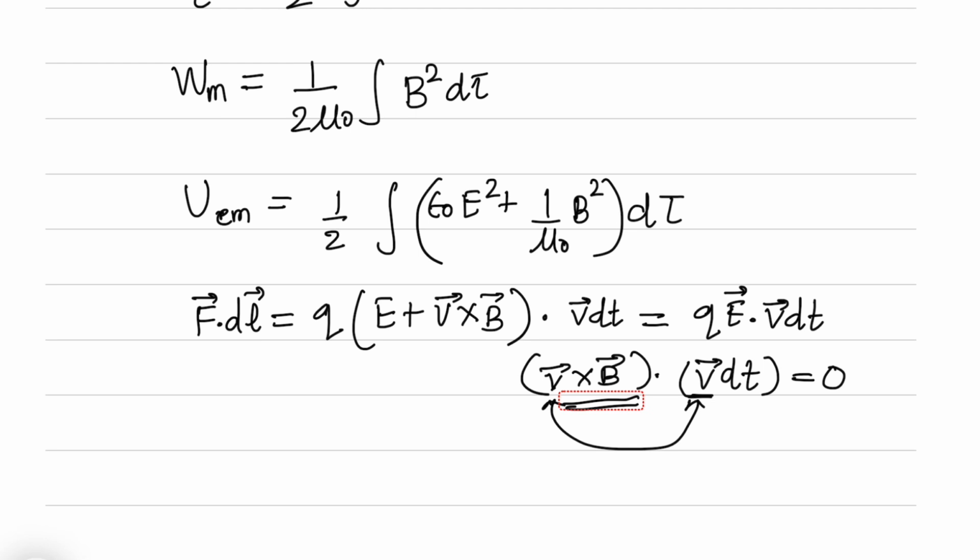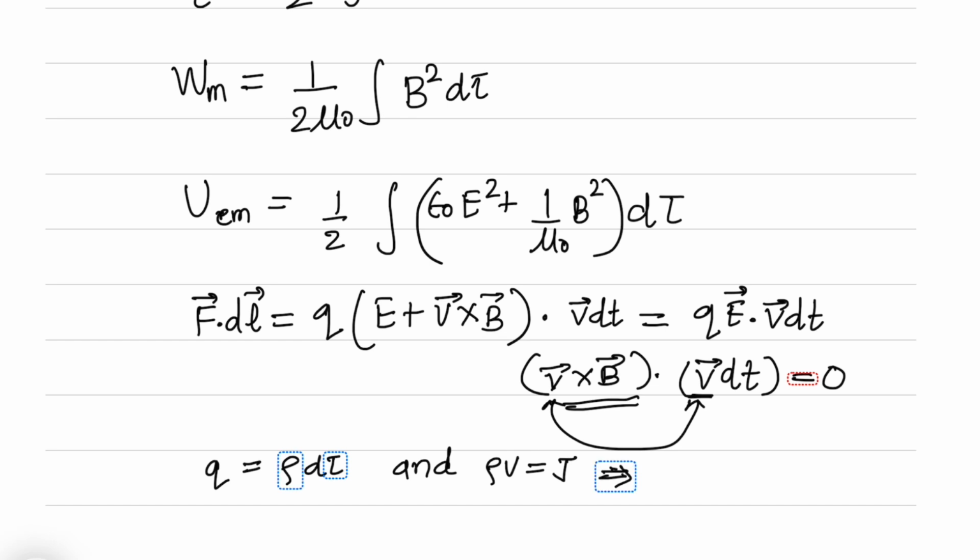Now we know that the total charge enclosed in the system is given by the volume charge density rho into d tau, and rho v will be equal to J. So how is this? First of all, what is rho?